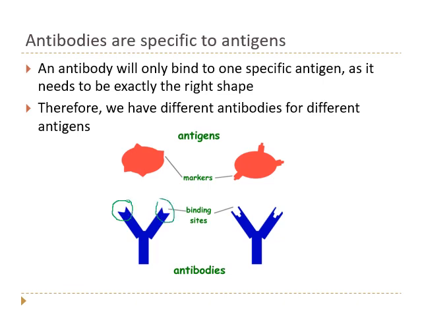You can see the ends are customized so that they will bind to these antigens on this cell. So this antibody down here on the left is specific to those antigens on the cell on the upper left. On the right, we have other antibodies with a very different shape that is specific to this shape of this antigen here.